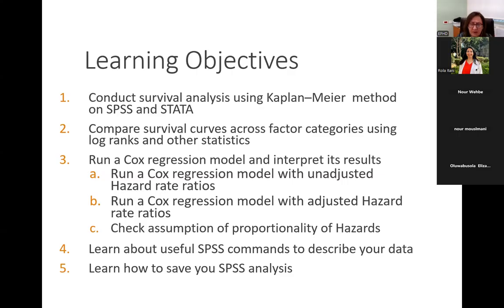So the time to event is the time surviving without the event. And when the event occurs, we call it failure. So we fail, we get the event, and then people are not anymore at risk. The most important thing about survival analysis is that it takes care of participants who have incomplete information. And when we say incomplete information, it means that we did not observe the event among those participants.